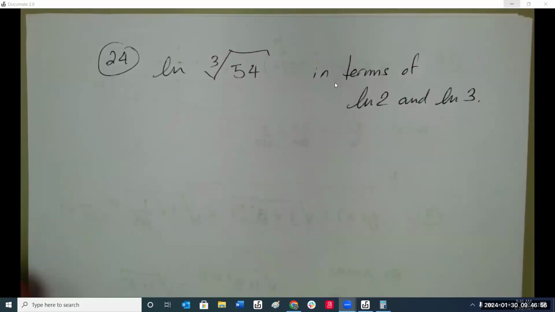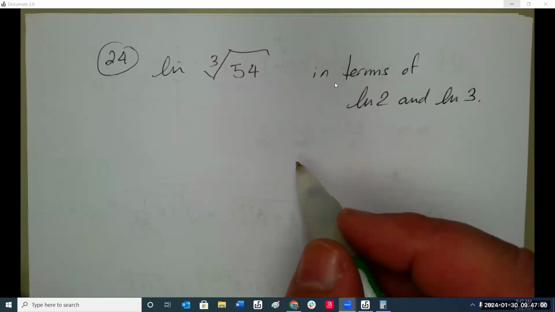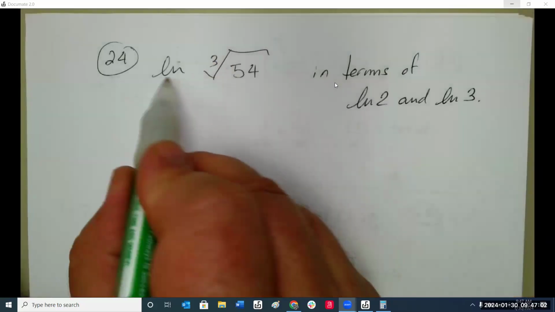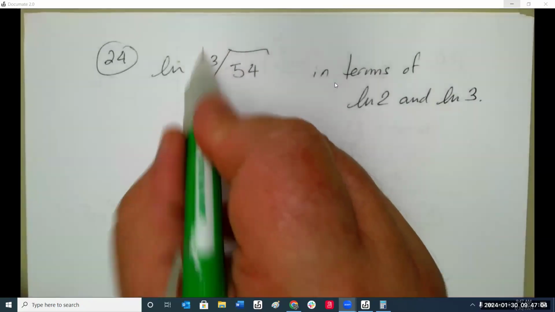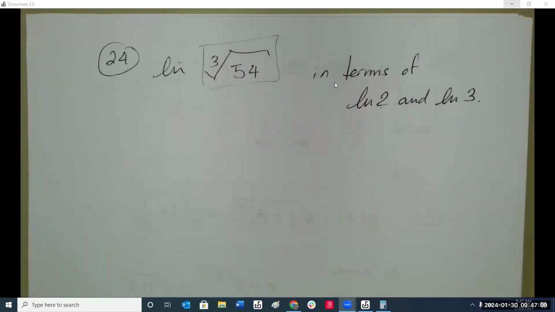Power two, or 2 to the power 3? No. In other words, we want to rewrite this so this number is made up of a series of 2s and 3s only.